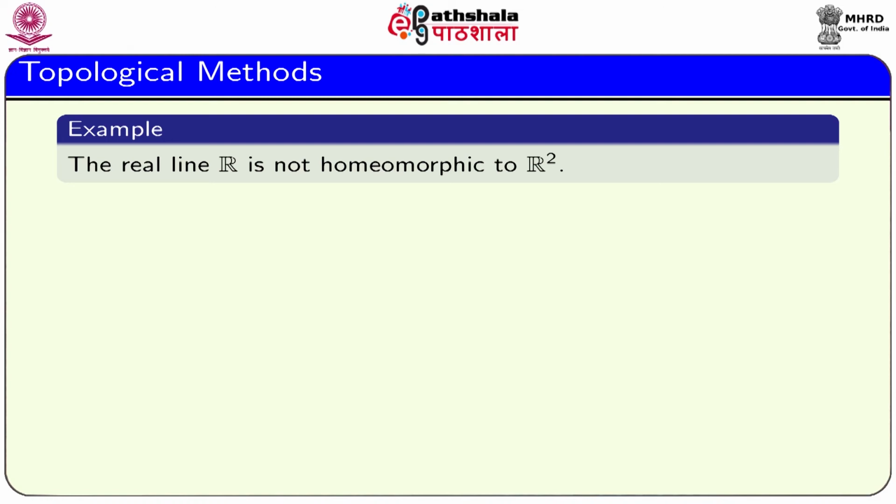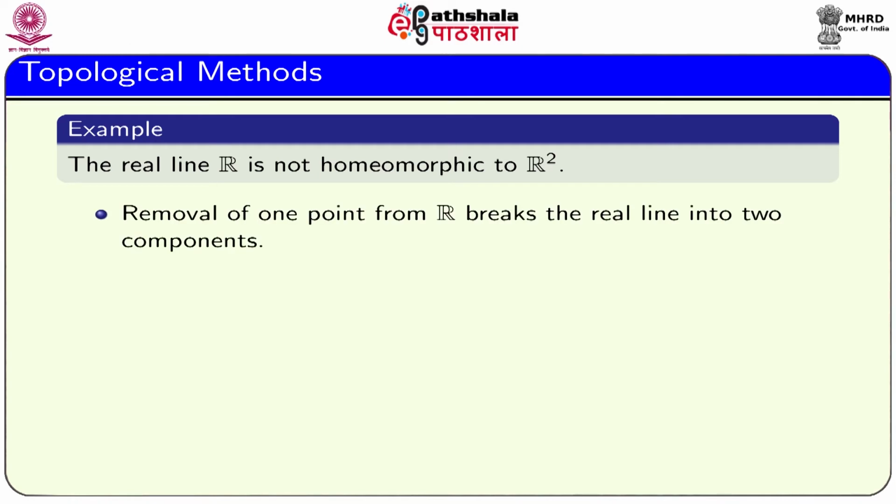See, in the next example, we apply the same technique. Given the real line R and given the plane R2, we have to show that R and R2 are not homeomorphic. We apply the same technique. We remove a point from R, which breaks the real line into two components.